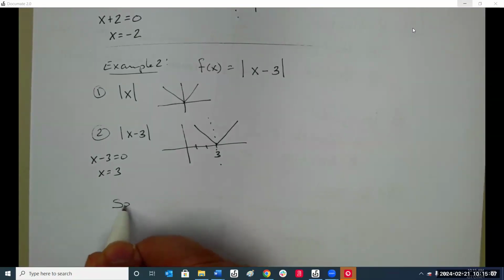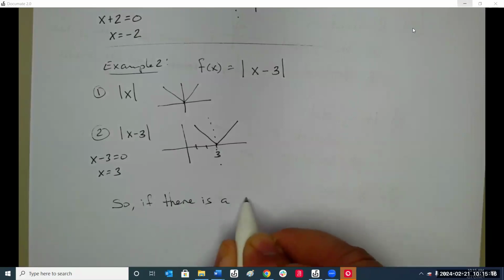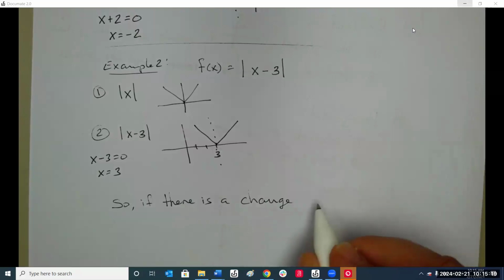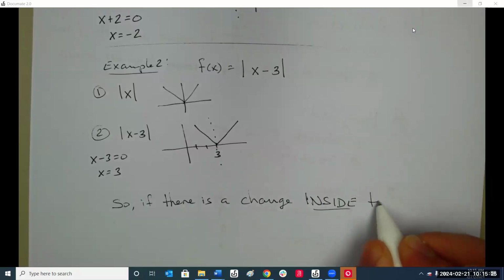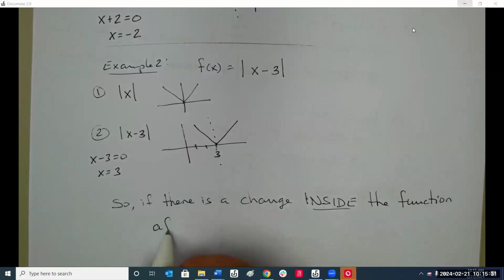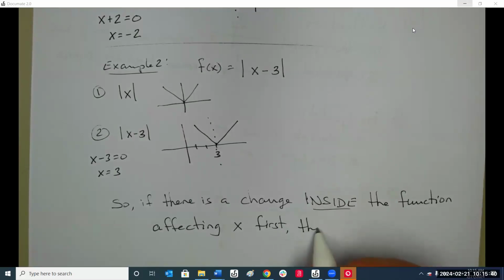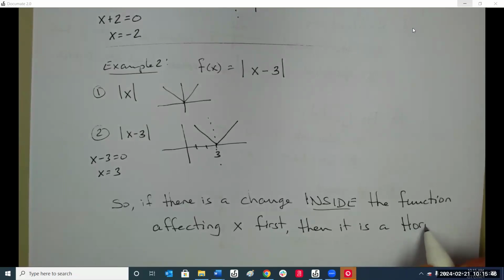So if there is a change inside the function, affecting x first, then it is a horizontal shift.